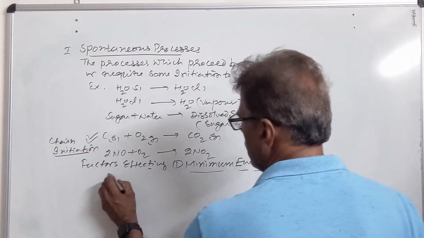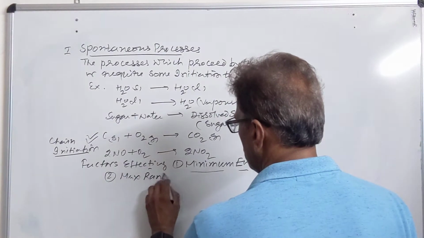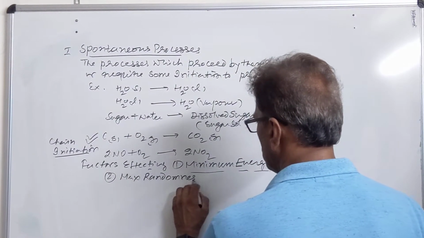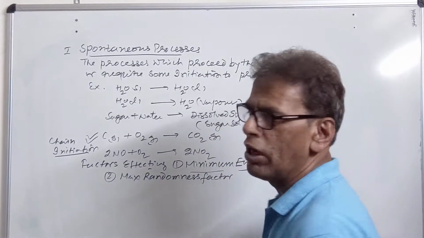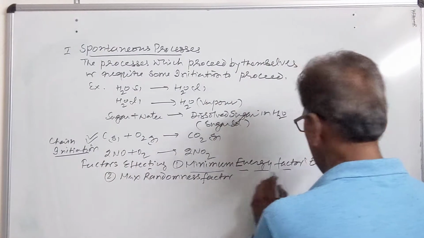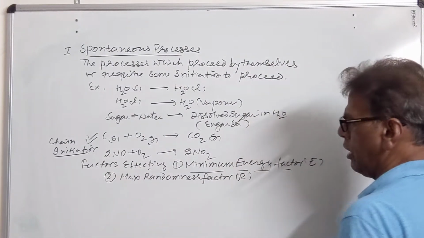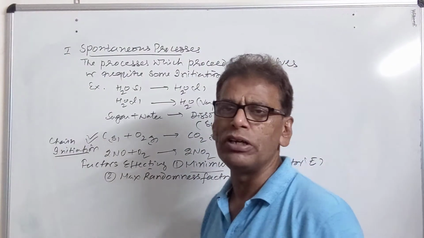Then we have the maximum randomness factor. It is another tendency on the part of every system to acquire the state of maximum randomness. Both of these factors operate in opposite directions. The resultant of these two factors determines the spontaneity of the reaction.